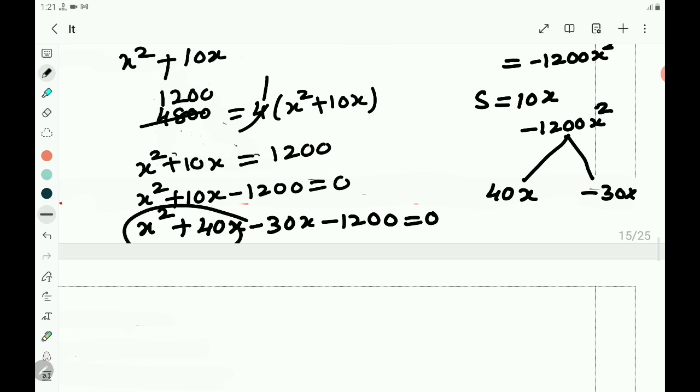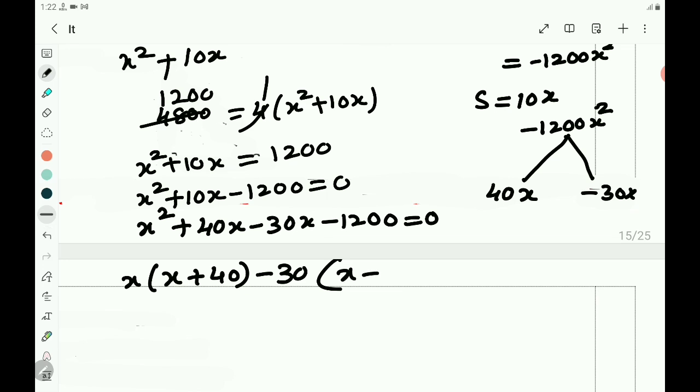Then x square plus 40x is x into x plus 40, minus 30 into x plus 40. 30 into 40 is 1200, and it becomes plus because the minus comes outside the bracket, so the sign changes.